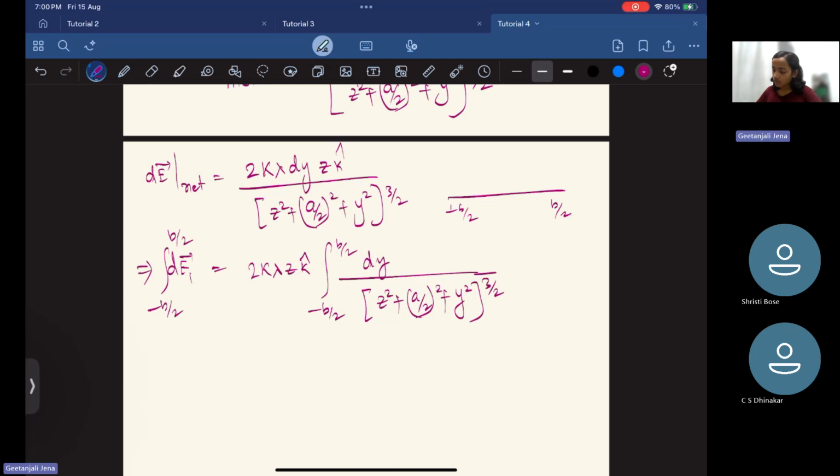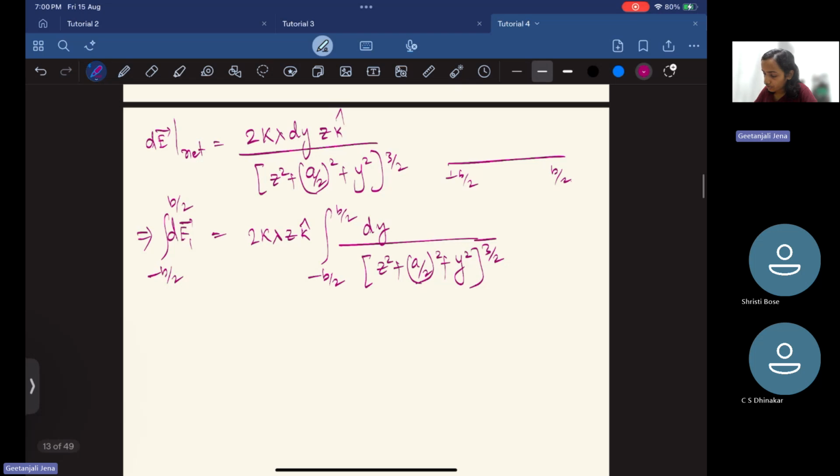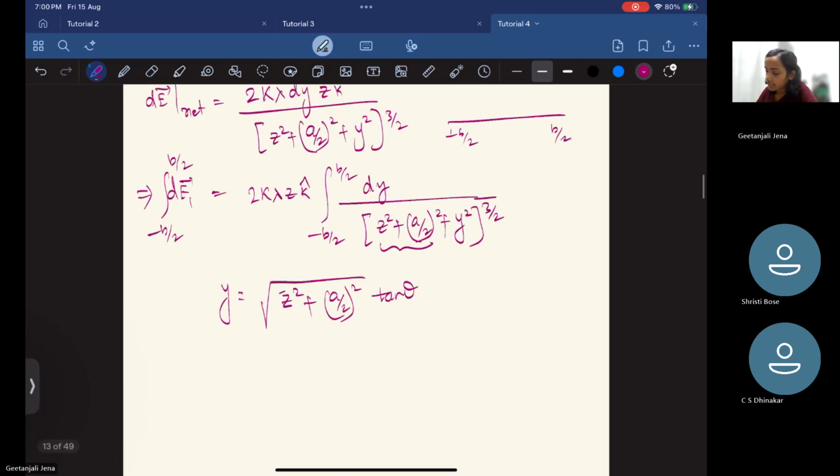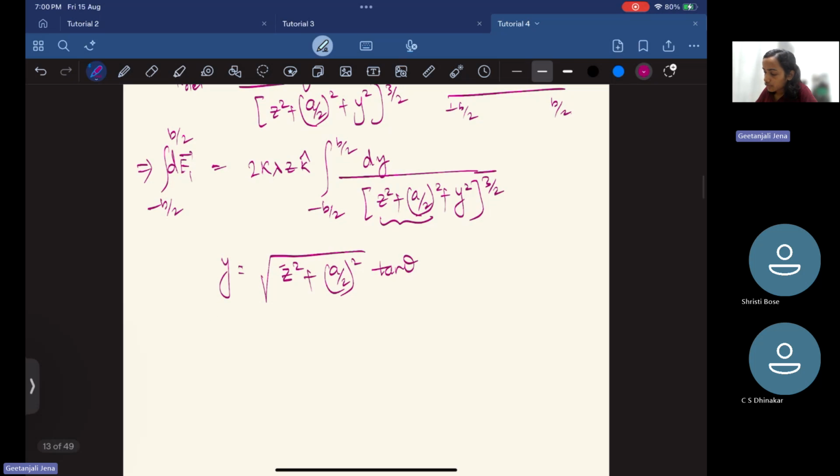So now to solve this, you can make a substitution for the y variable in terms of this constant. Let us say y is square root z square plus a by 2 square tan theta. We will eventually substitute theta back in terms of y.